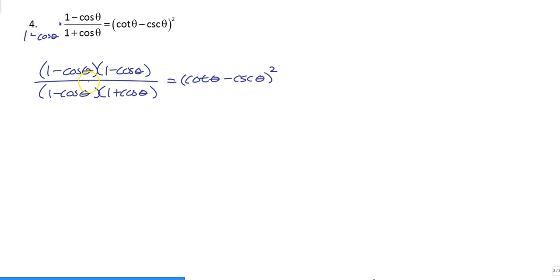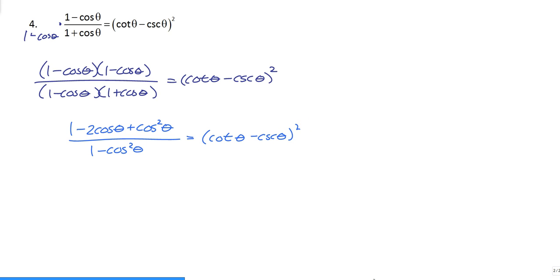And after we multiply all of that, our numerator is going to be 1 minus 2 cosine theta plus cosine squared theta, all over our denominator, which is going to be 1 minus cosine squared theta. And of course, that's equal to our cotangent theta minus cosecant theta squared.